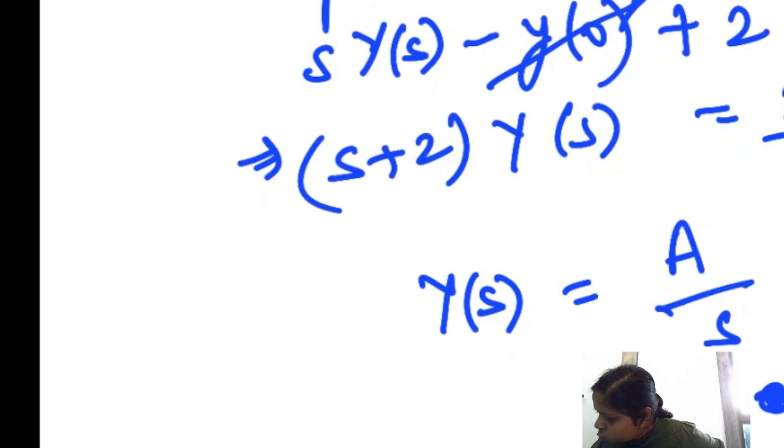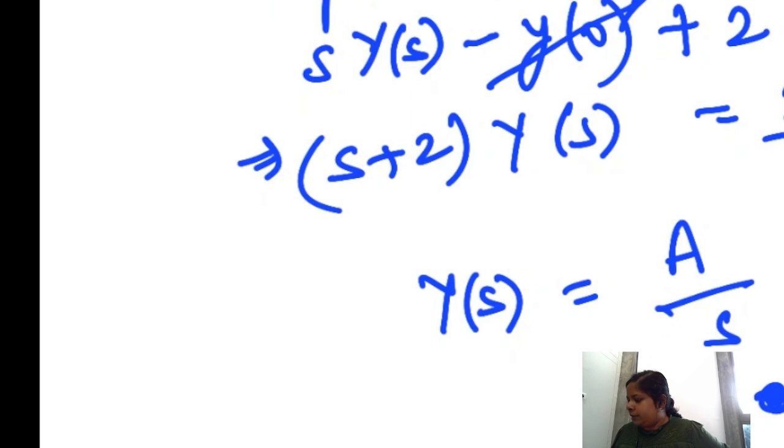You will have A into (s plus 2) upon s into (s plus 2) plus B into s upon s into (s plus 2). The denominators cancel, so 2 is equal to A into (s plus 2) plus B into s.